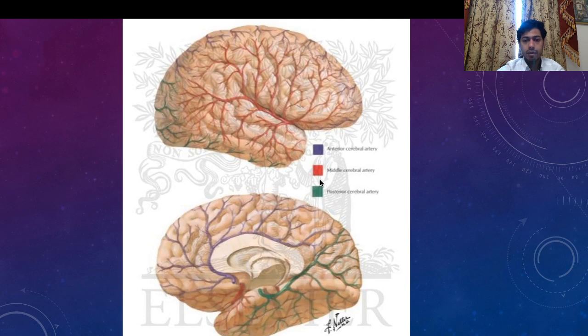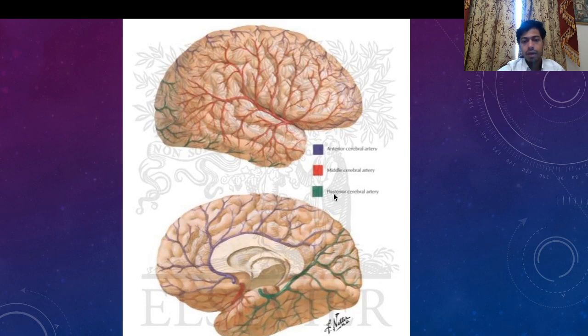The anterior cerebral artery is mainly perfusing the medial aspect of the cerebrum, and so it's mainly providing blood supply for the frontal lobe, but also the posterior parts of the parietal lobe just before it bridges into the occipital lobe.